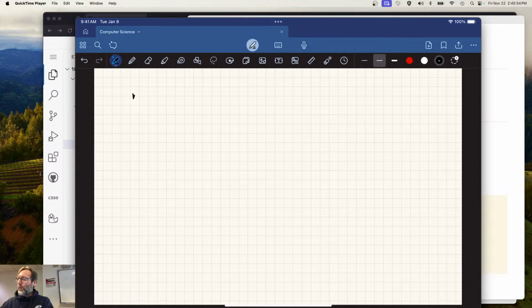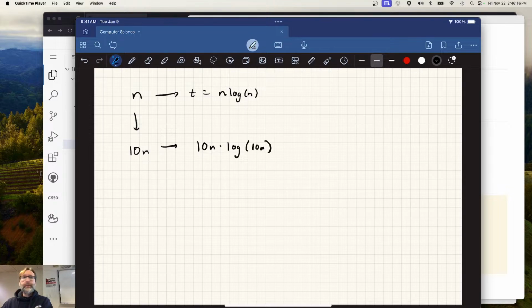Once again, if I go from n, and we'll just jump up here to an order of magnitude of 10n, before it was time t quantified by n log n, and now it's going to be what? It's going to be 10n times log of 10n. Okay?